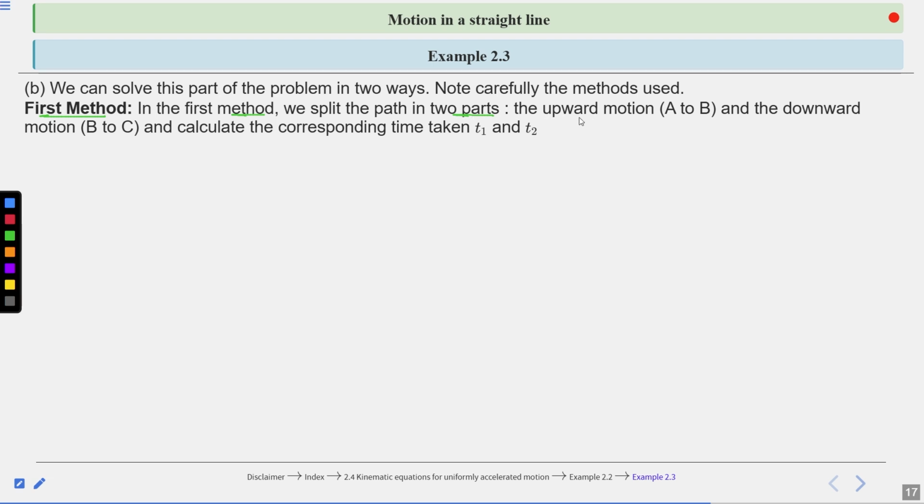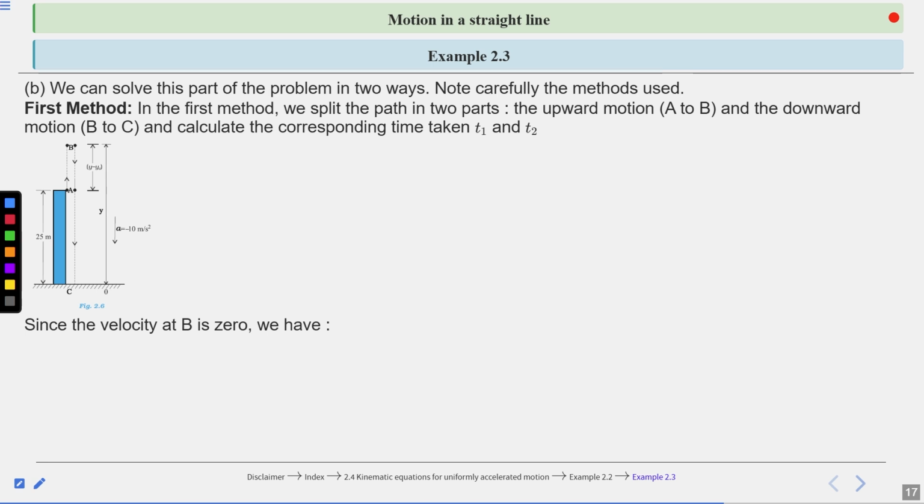First part is the upward motion, A to B, and second part is the downward motion, B to C. We calculate the corresponding time taken, T1 for upward motion A to B, and T2 for downward motion B to C.